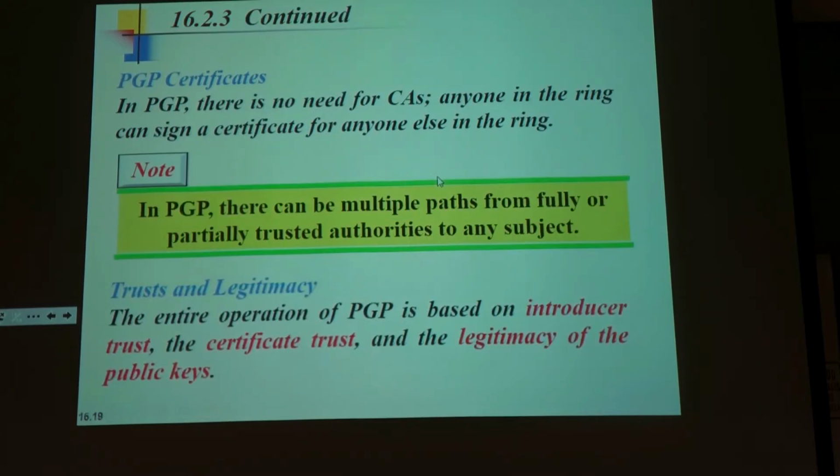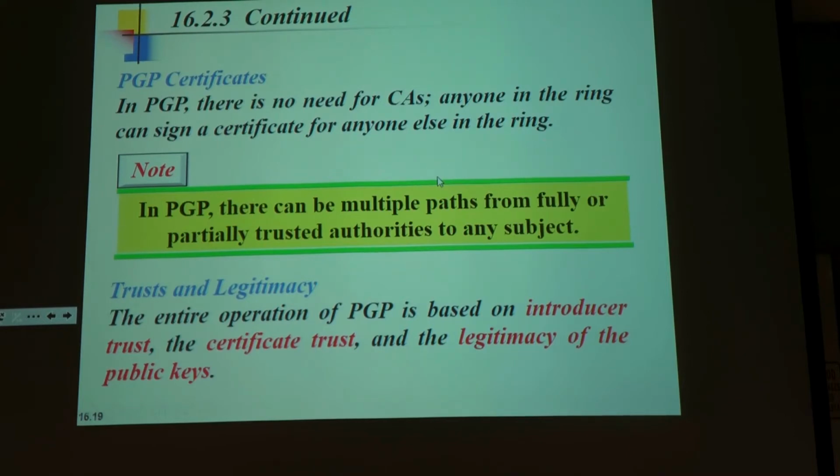So PGP certificates. In PGP there is no need for CAs. What are CAs? Certification authorities. Anyone in the ring can sign a certificate for anyone else in the ring.